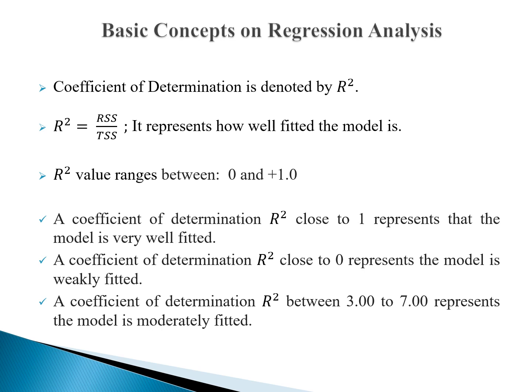If the model is well fitted, the independent variables are able to represent their impact on the dependent variable very well. Weakly fitted represents that the independent variables do not have much impact on the dependent variable. And moderately fitted means the independent variables have a moderate effect on the dependent variable.